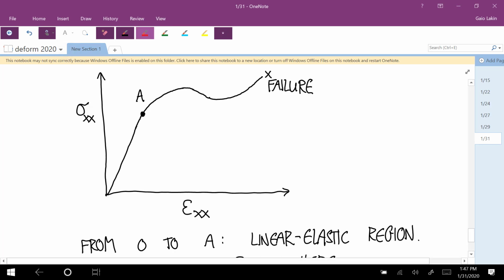So this region here is what we care about in this class. That's not to say that after there's permanent deformation there's no use anymore for engineers. There is, but in this class, we're just not dealing with that. And for the most part, the elastic region is the more useful region for engineering applications.